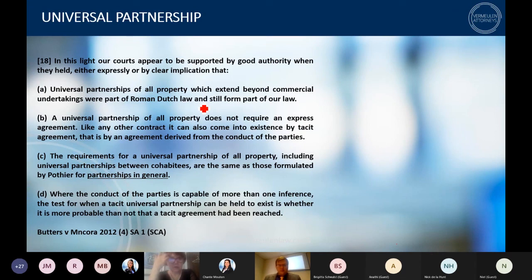B, a universal partnership of all property does not require an express agreement, guys, and this is a point of huge consternation. Like any other contract, it can come into existence by tacit agreement.